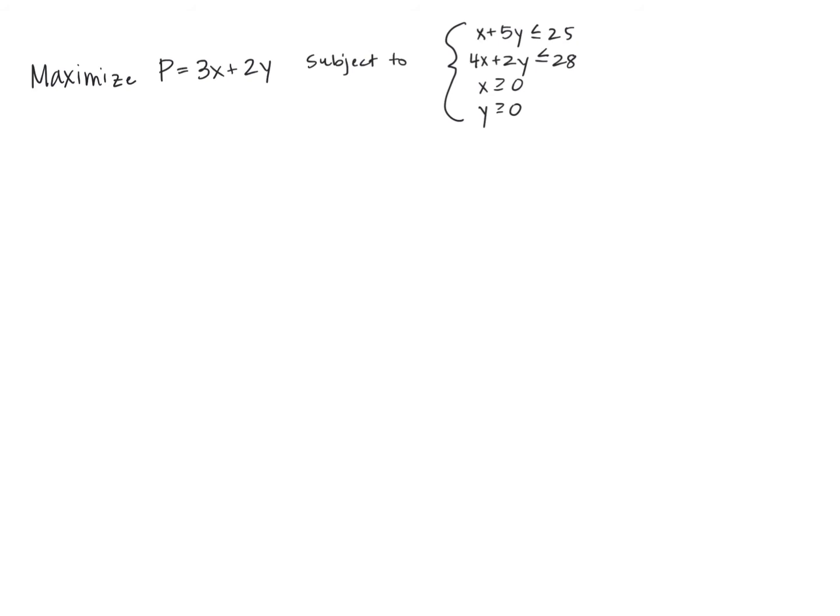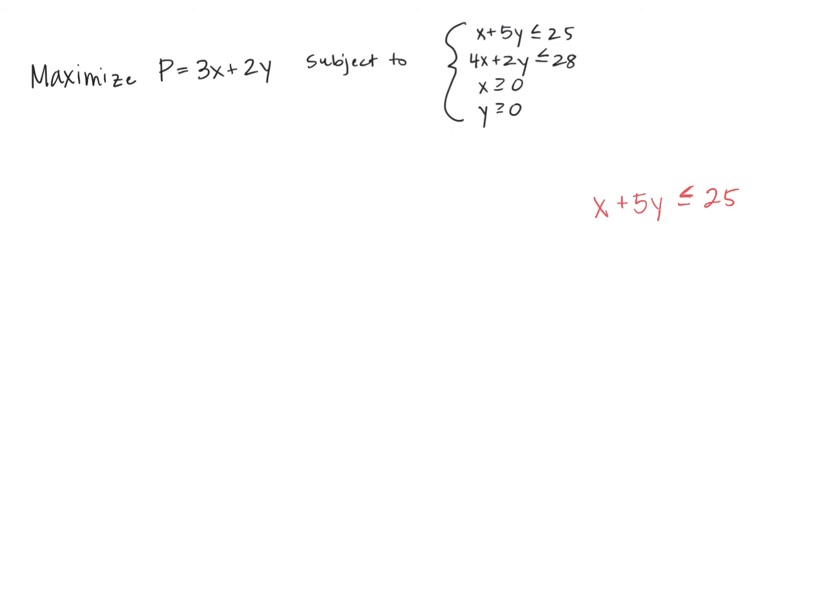If we simply look at the first inequality, x plus 5y is less than or equal to 25, the less than or equal to means that the left side is smaller than the right side, or it could be equal. So if the left side is less than 25, we could add some amount to where we could make them equal.